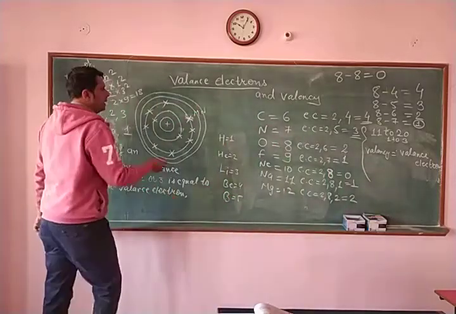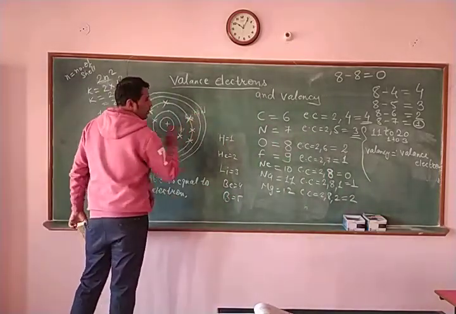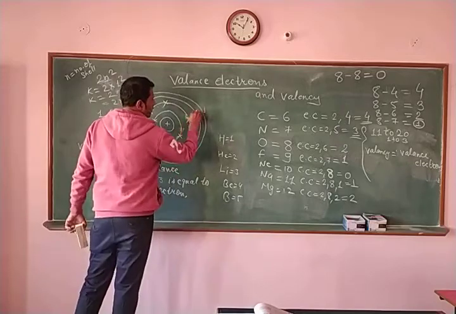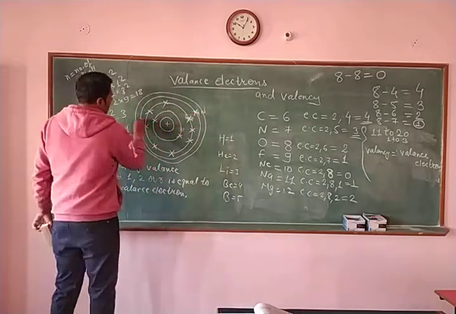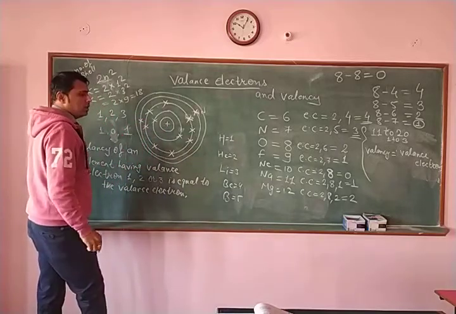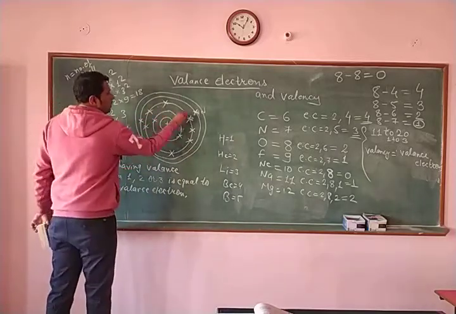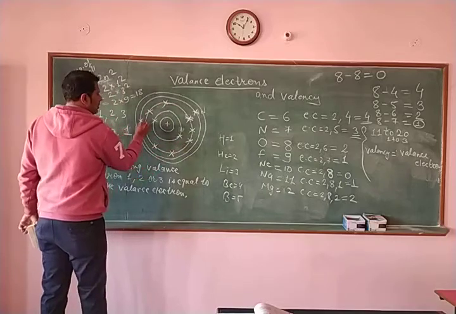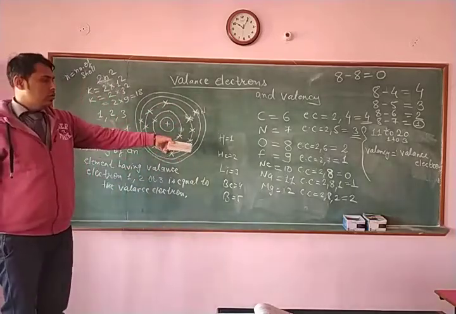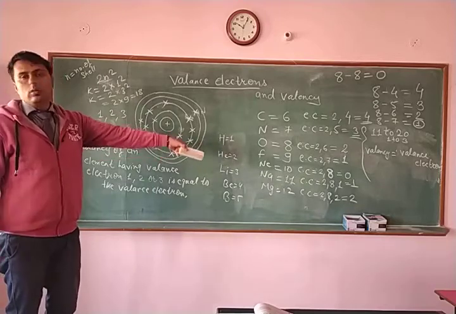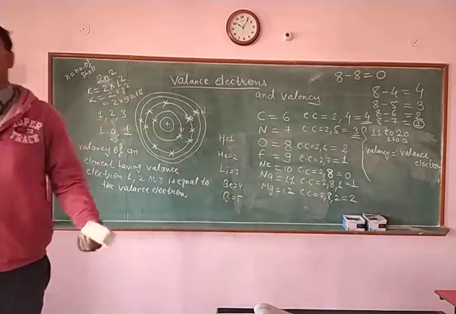So we have made the structure. If we draw the structure for sodium and magnesium, this is the structure for sodium, and for magnesium, just adding 1 more electron. So 1, 2, 3, 4, 5, 6, 7, 8, 9, 10, 11, 12. Magnesium has 12 electrons, electronic configuration 2, 8, 2, and valency 2.